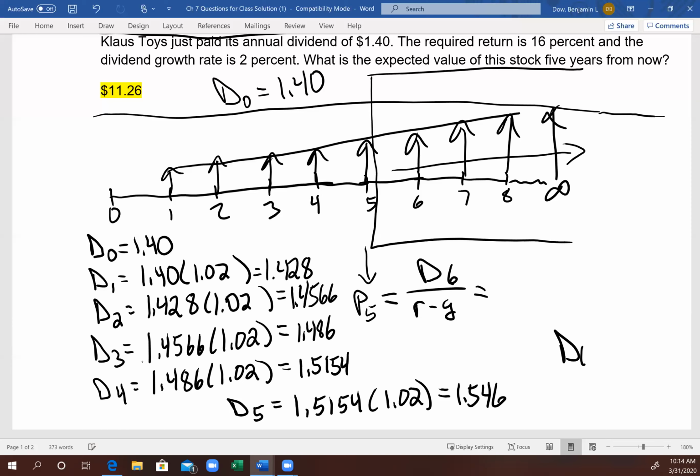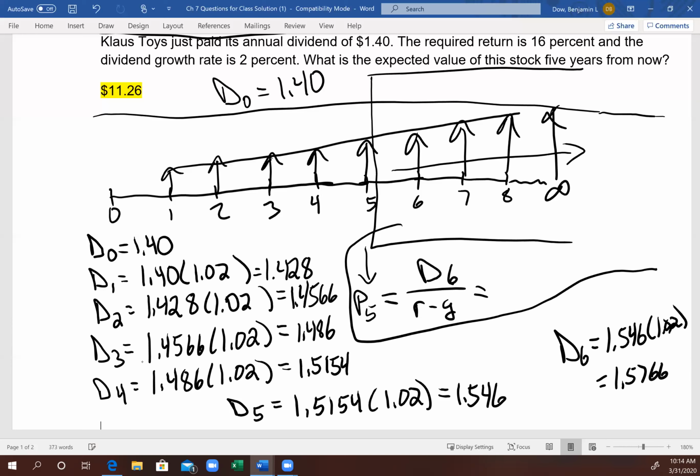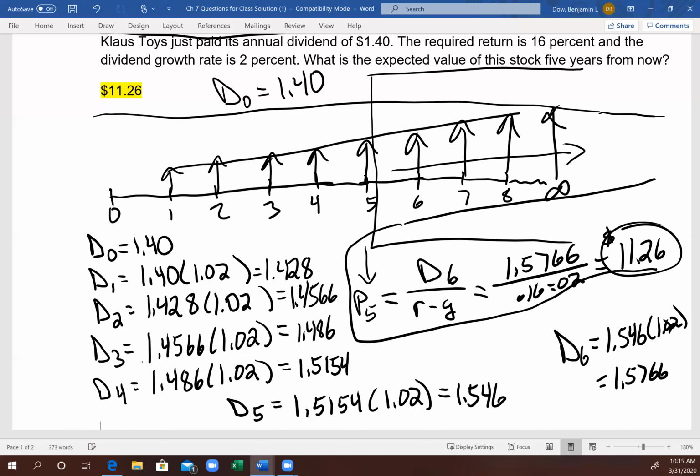And finally, we can find D6. All right. So after all that work, if we take all that, divide it by the interest rate minus G, which would be dividing it by 0.14, end up with 1126. All right. There we go.